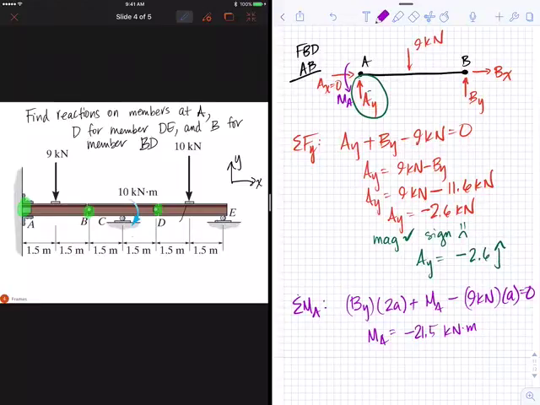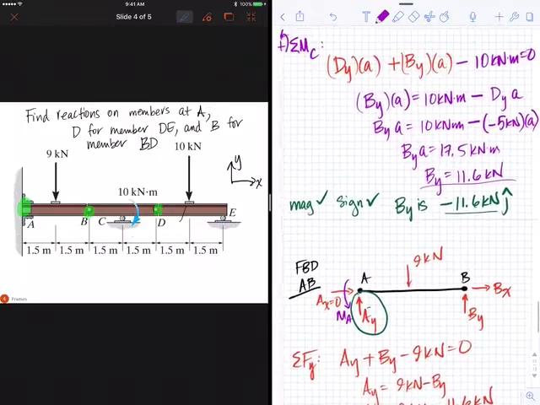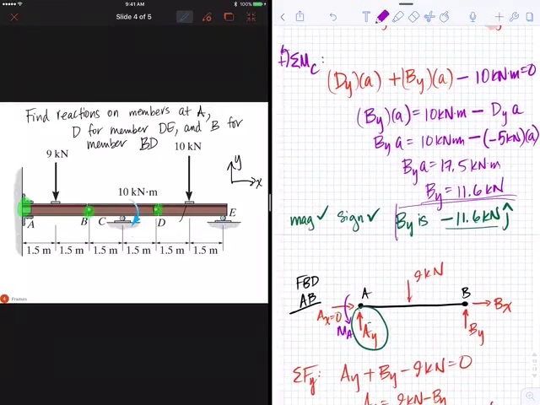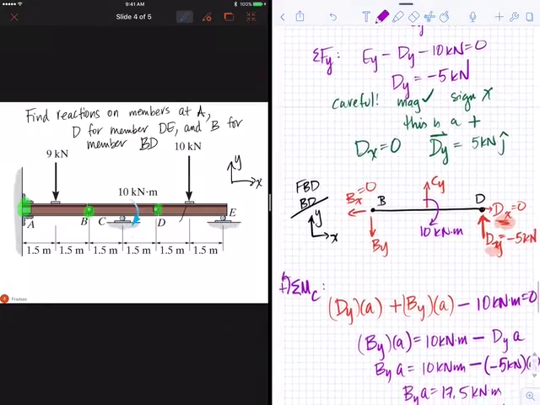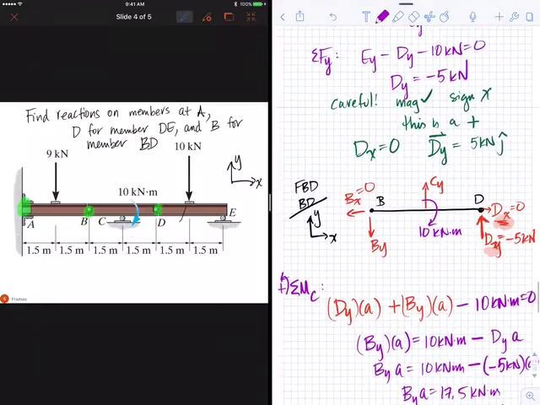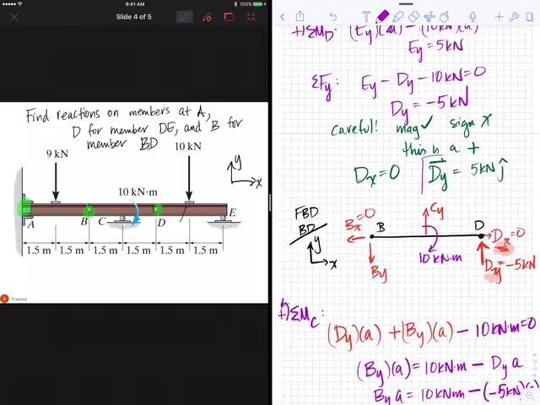It's a clockwise moment, which for this coordinate system would be a negative answer. And that's how you solve this problem. So there's moment at A, Ay, By, the Bx's are all 0, and then the Dy here. Okay, that's it.